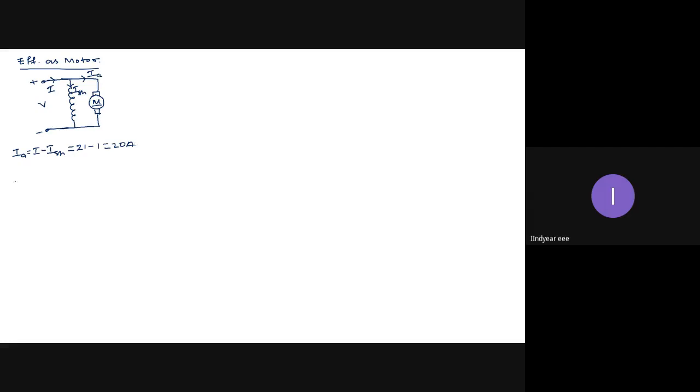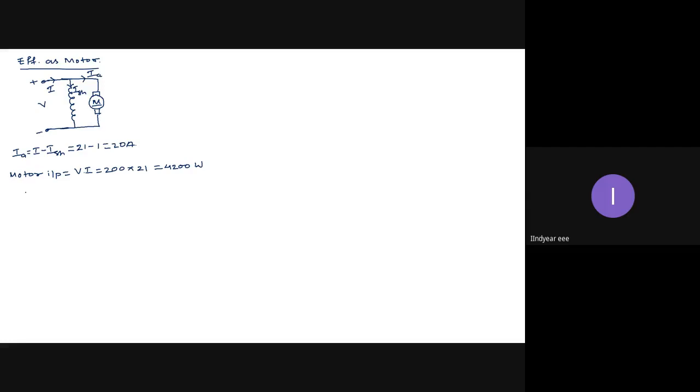Now motor input is equal to V into I. So 200 into 21 equals 4200 watts.